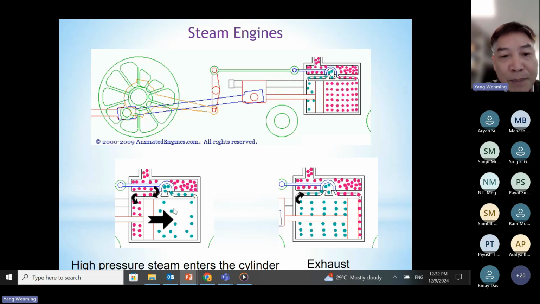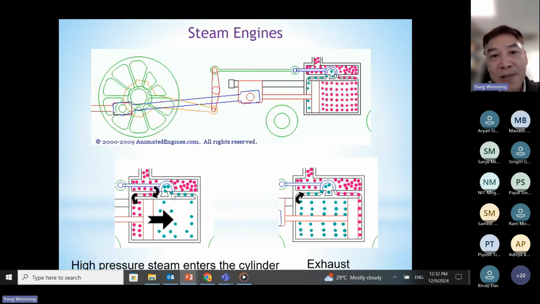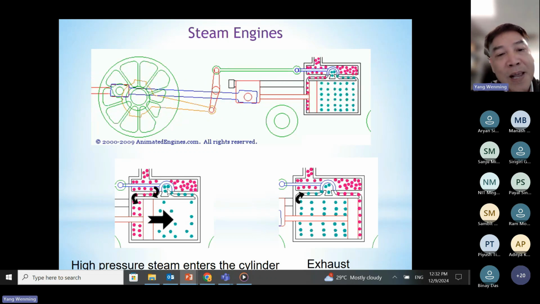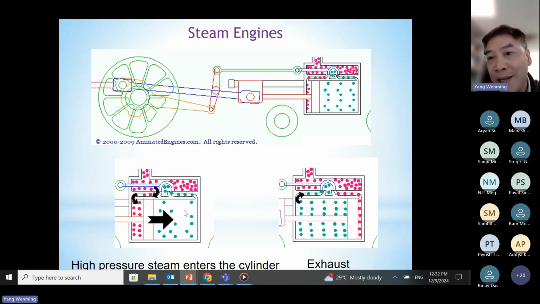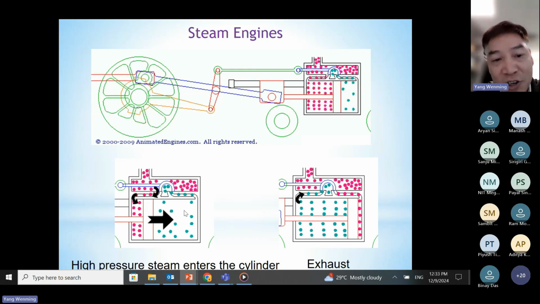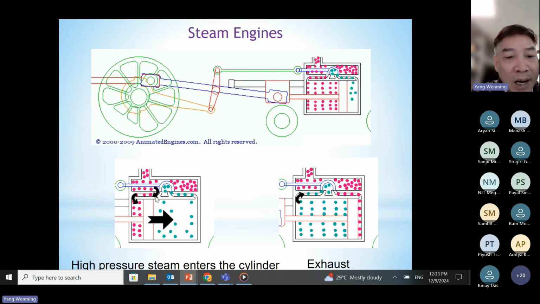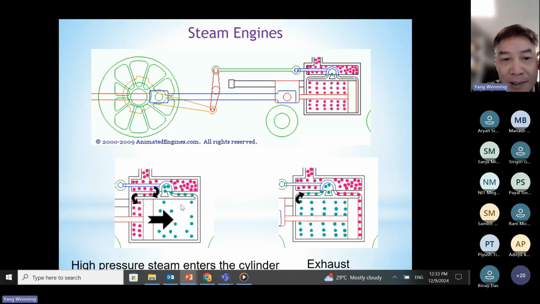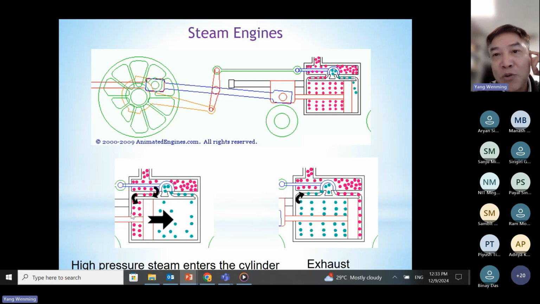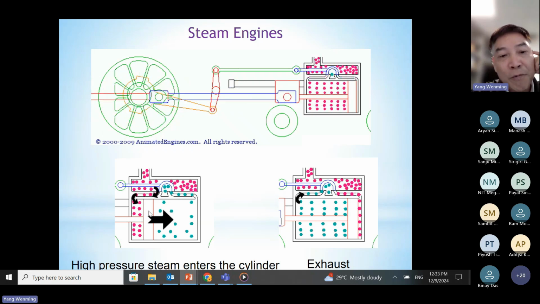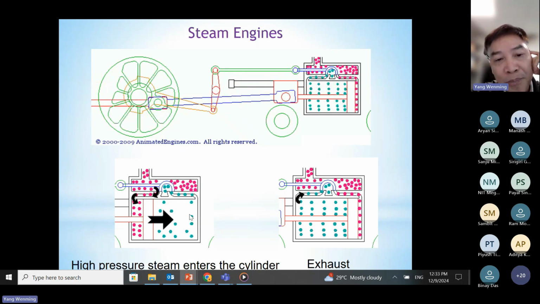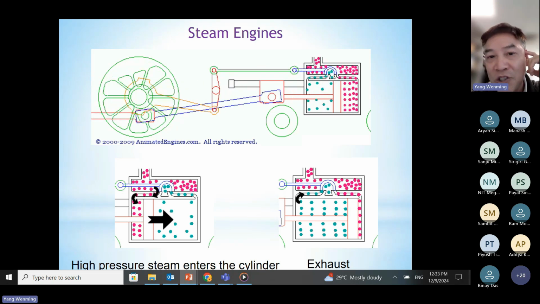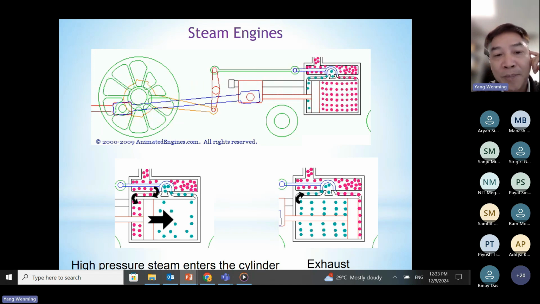At the same time, on the right side, the exhaust valve is open, and the low pressure gas will be discharged from the engine, correct? Because of the pressure difference between the left side and the right side, this pressure difference will push the piston to move from the left side to the right side. And in this process, we convert the thermal energy into mechanical power.